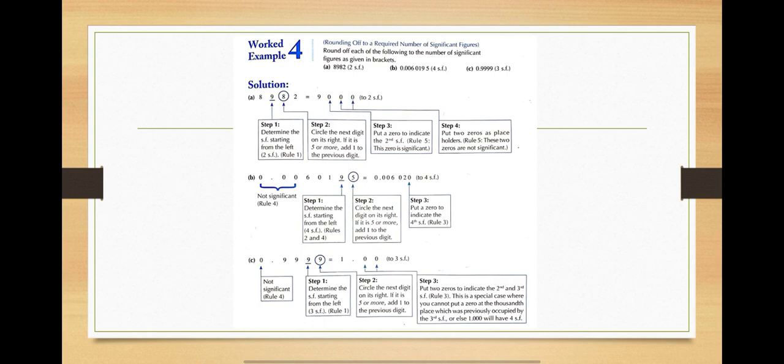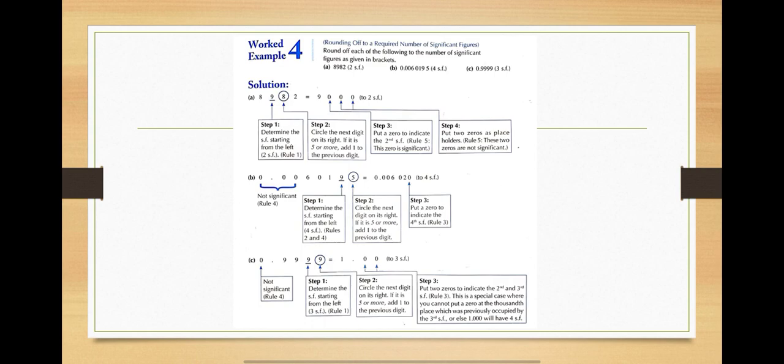You intended to make 2SF. Accidentally, you can only make 1SF, and then the fifth rule comes in and says to you, no problem, I've got it all covered. Then step 4, put 2 zeros as placeholders. Step 4 is just asking you to make it clear that those two are not significant.